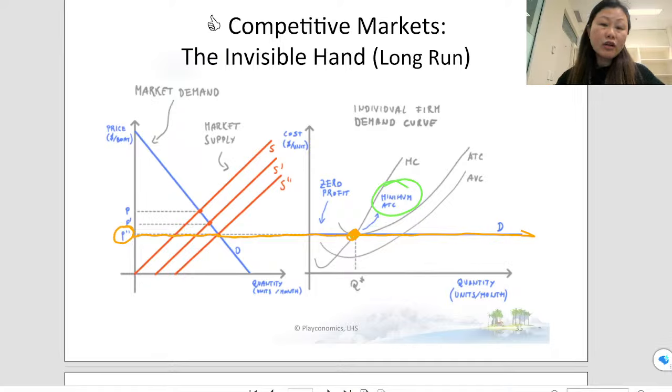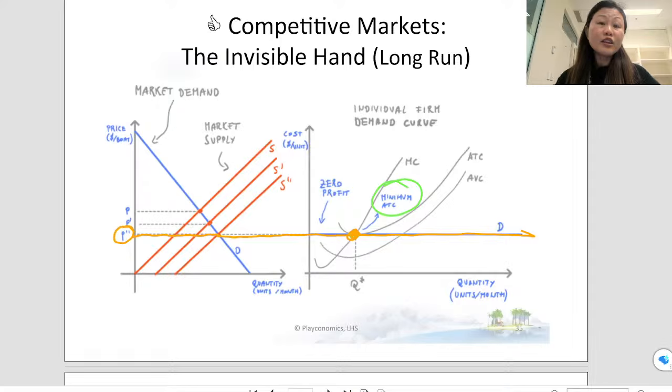The average total cost curve captures the technology, how much firms are spending to produce this good. They're using technology to produce in the most efficient manner. Okay, and that is great.